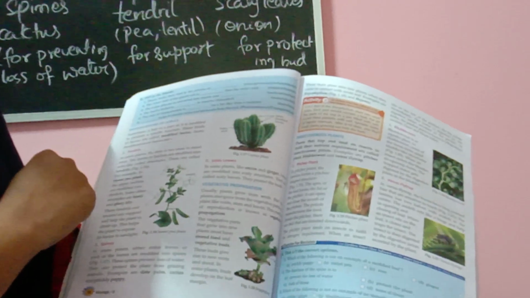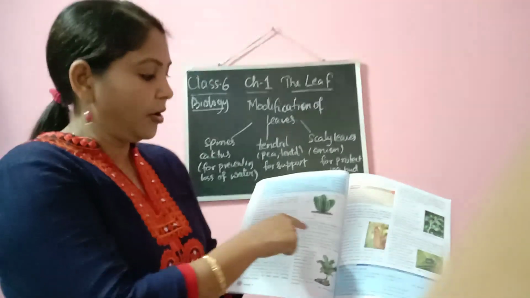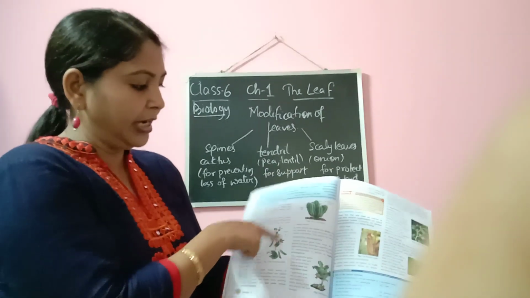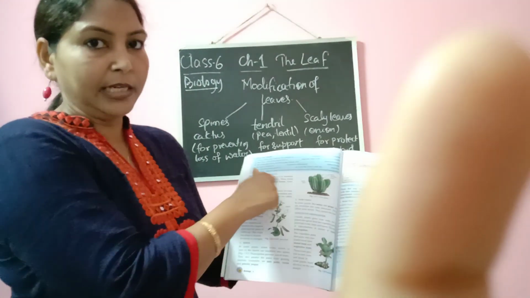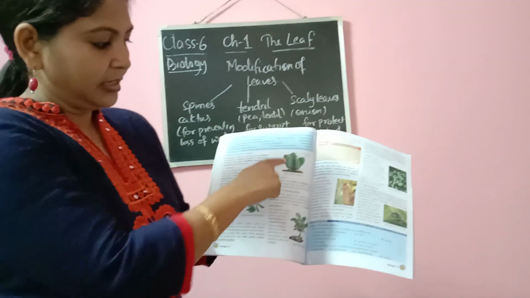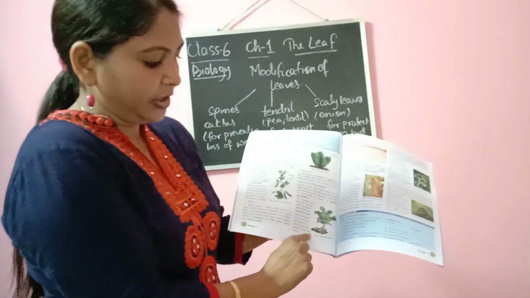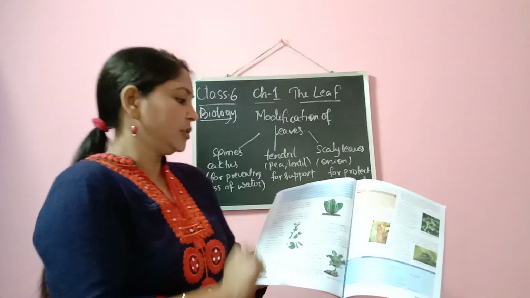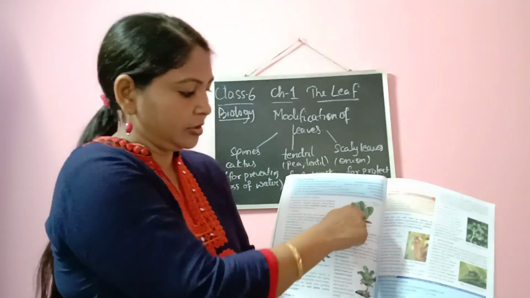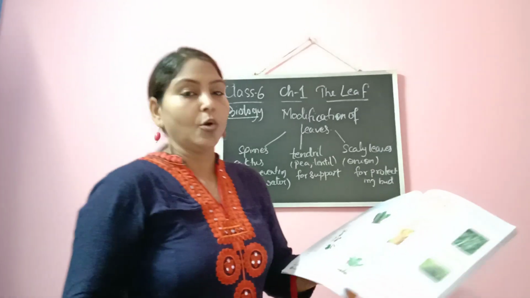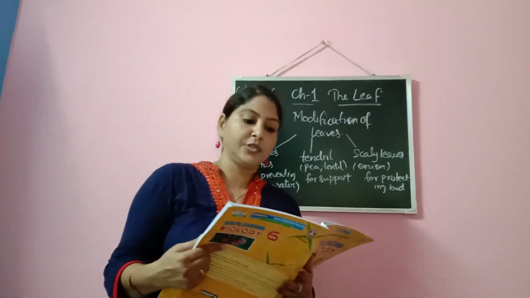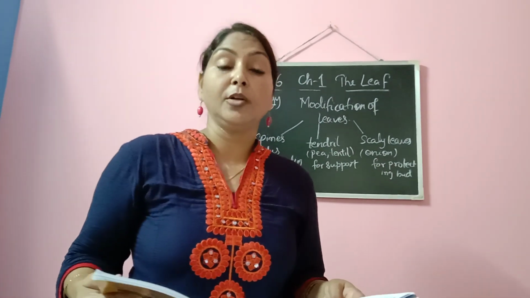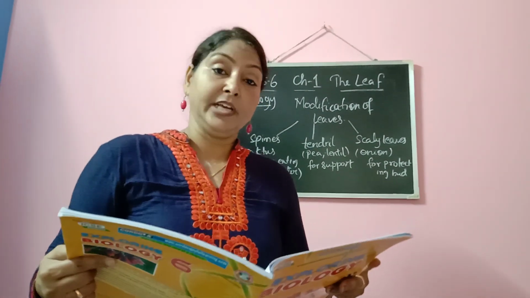You will draw in your copy the diagram of modification of leaves. That means the tendril, and this one is spines, the modification of spines. These two pictures or diagrams you will draw in your copy in order to show the modification of leaves.